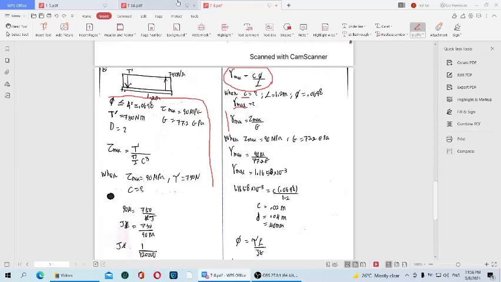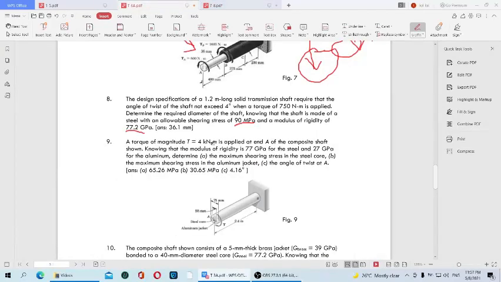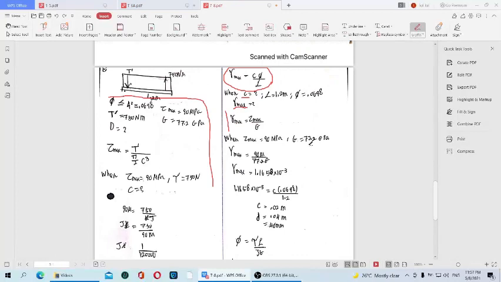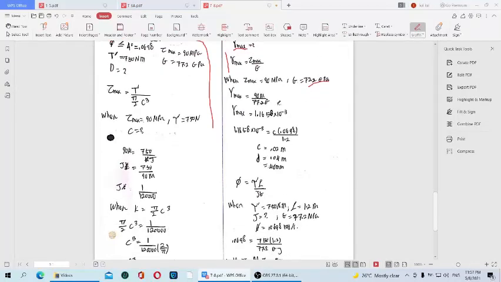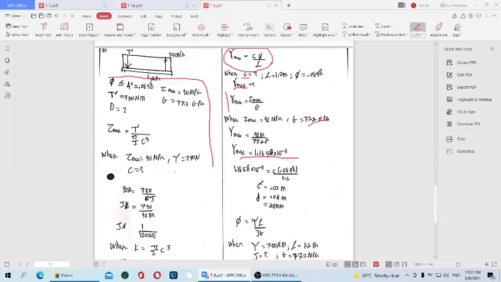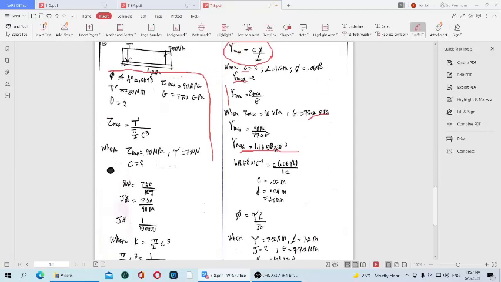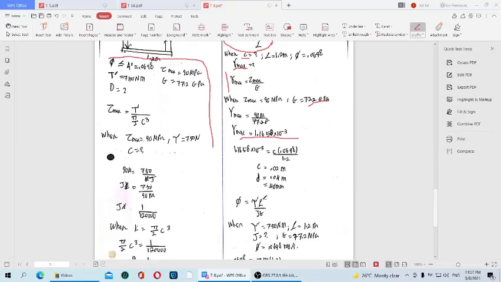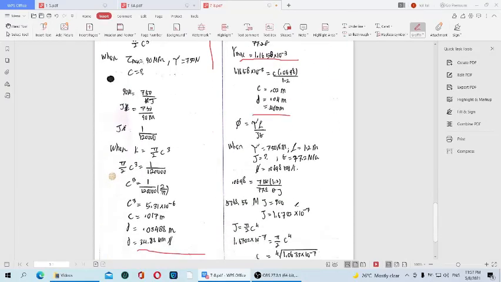You know the modulus of rigidity, which is 77.2 gigapascal. When you calculate it, you get a shear strain of 1.1658 times 10 to the power of -3. Then you bring back the core equation, transfer the values to the other side, and you will get 14 millimeter.